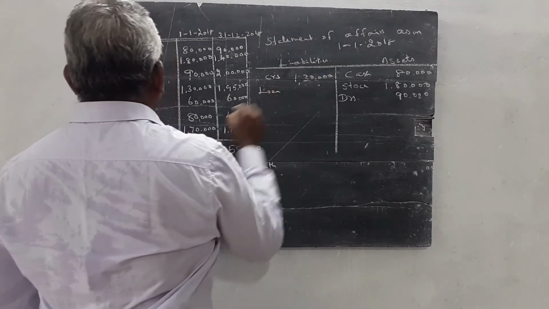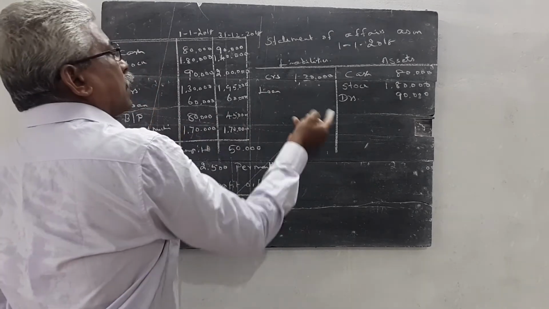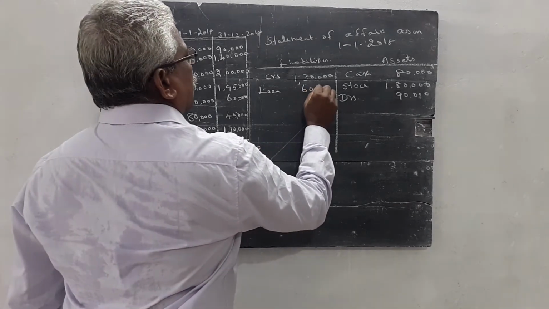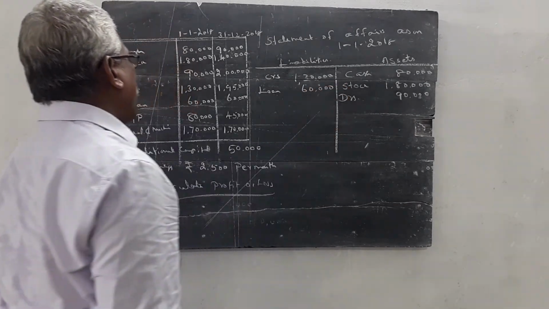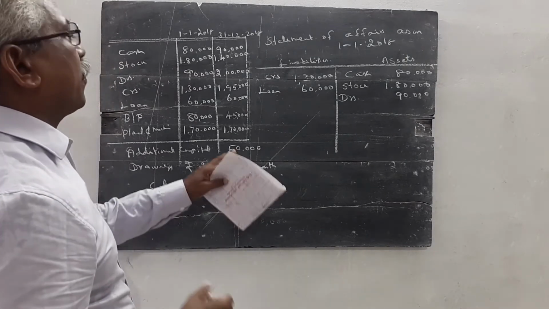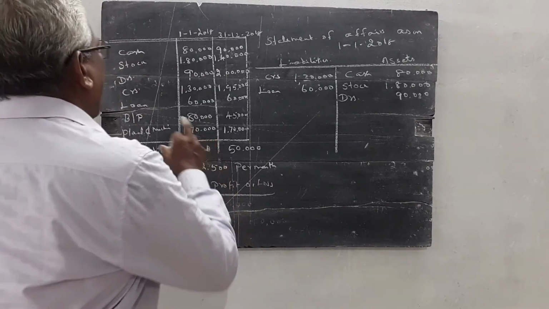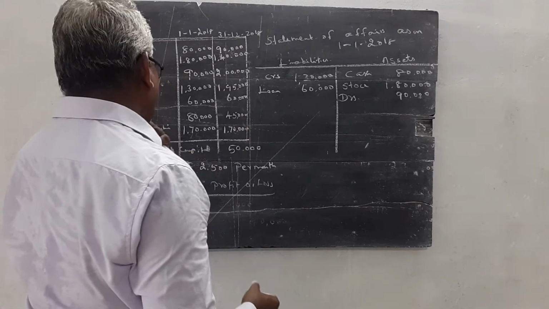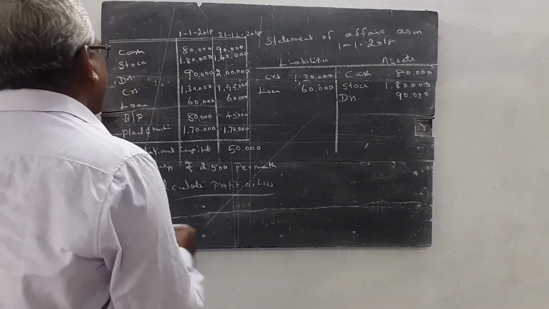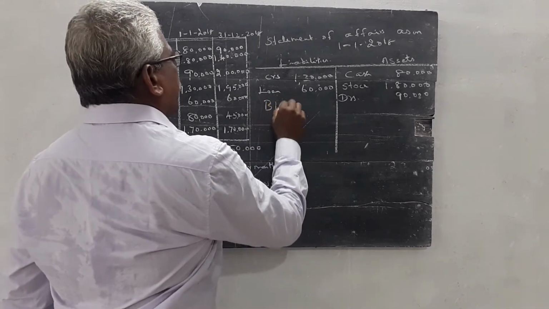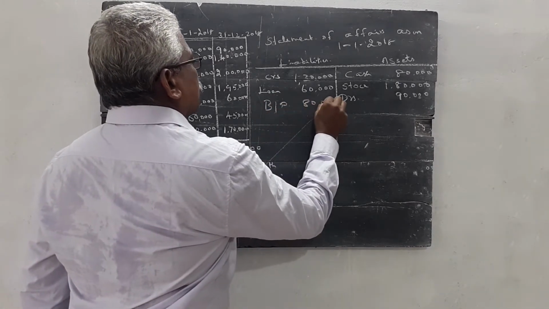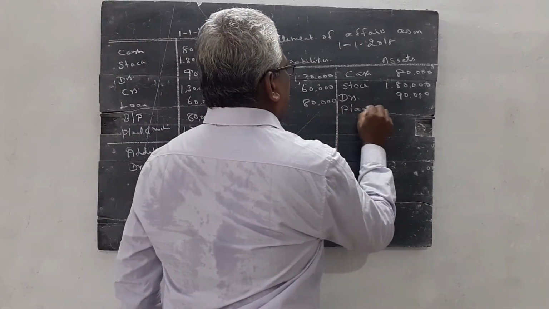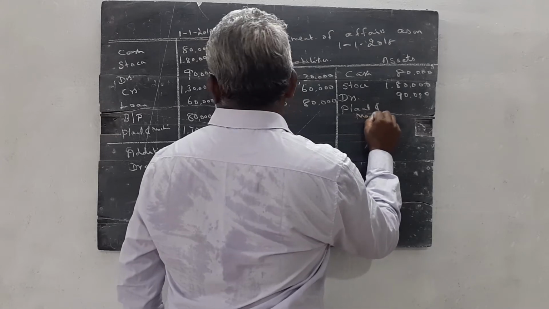If it is given as debit, it is an asset. If simply given as loan, it is a liability. 60,000. We borrowed some amount from the bank or other financial institution. So loan is a liability. You are liable to pay this amount. Loan 60,000. Then bills payable 80,000. Plant and machinery is an asset.